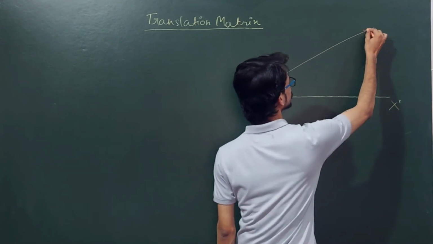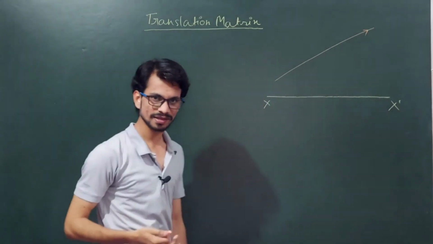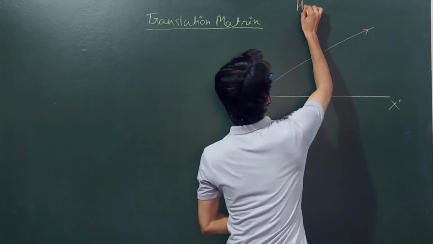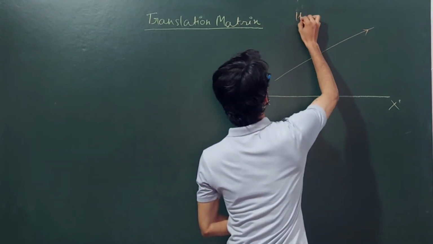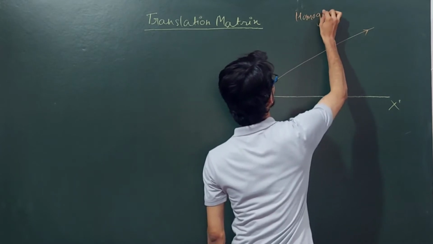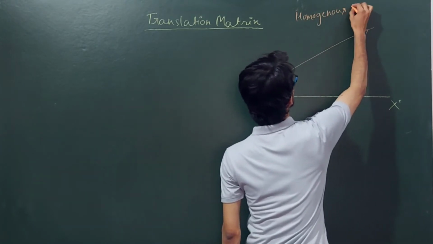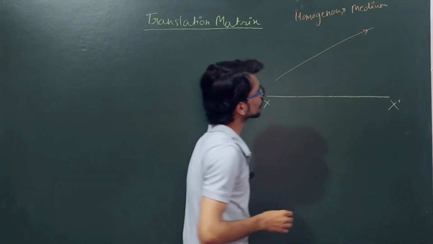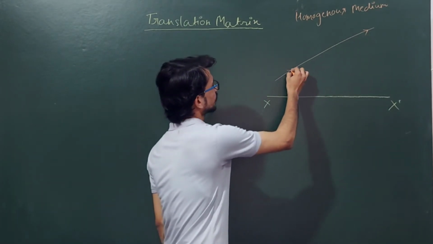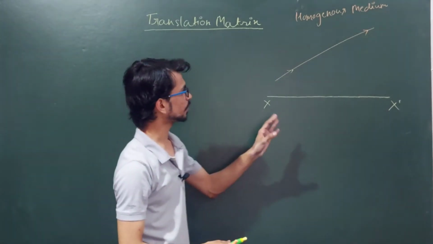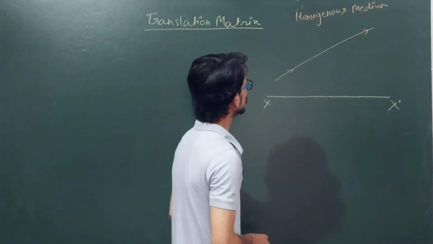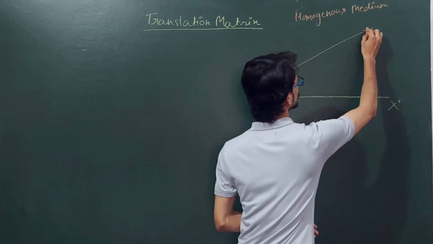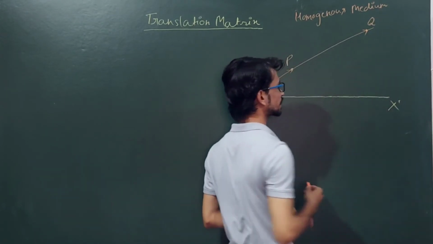I am talking about translation, so this is only one homogeneous medium. So there will be no difference between the angle at different points on this ray. Now I am treating this ray as P and Q. So these are the 2 points P and Q on this ray in one medium.